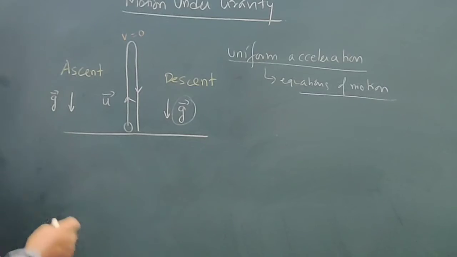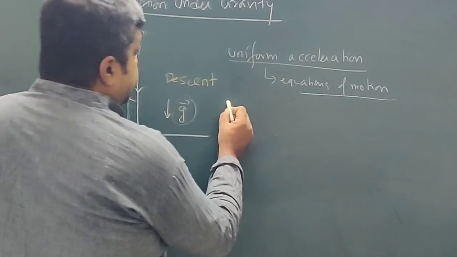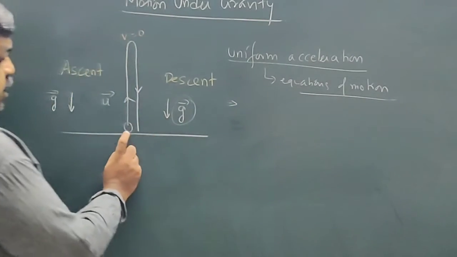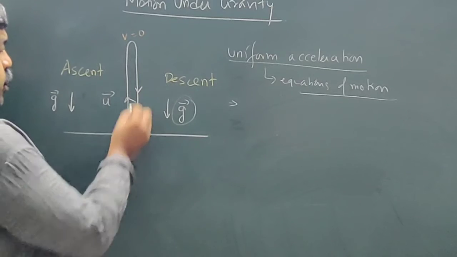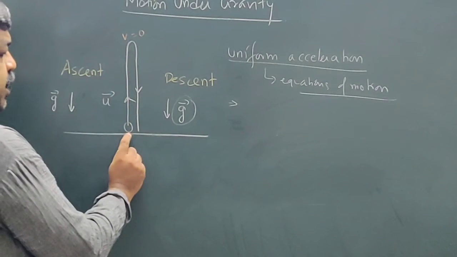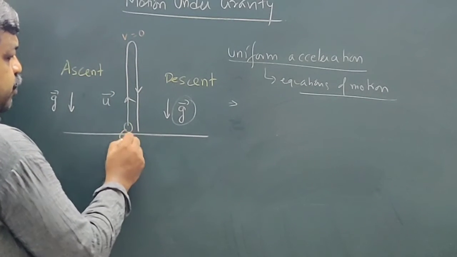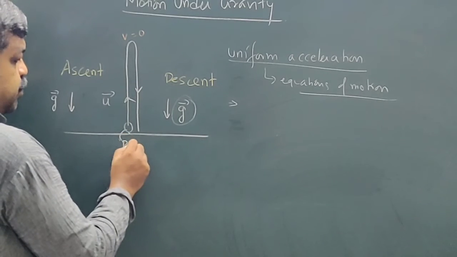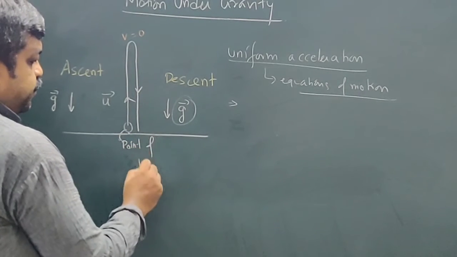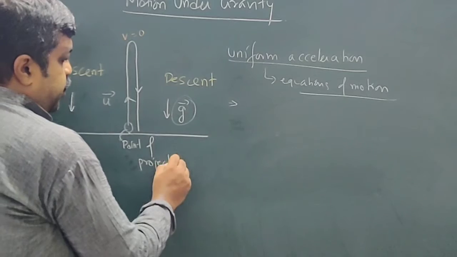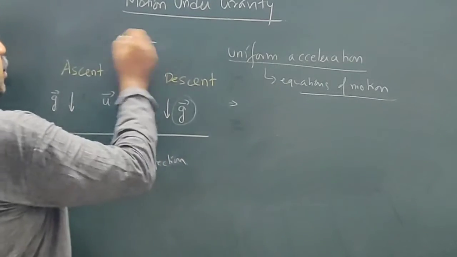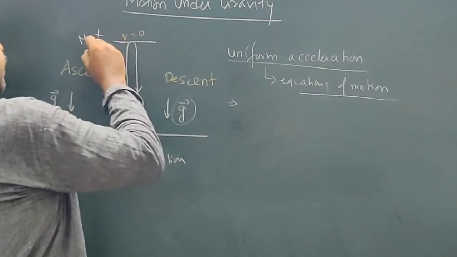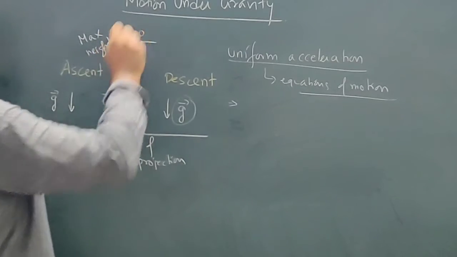Okay. Now suppose it travels from this point to this point. This is the point of projection. This is maximum height.